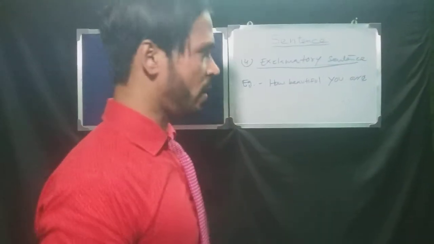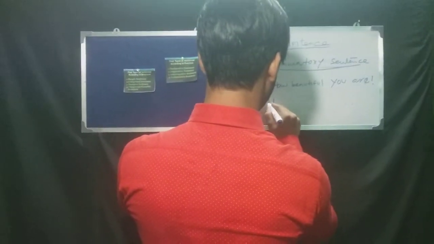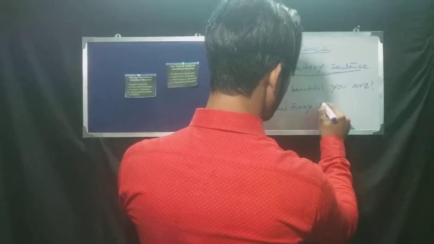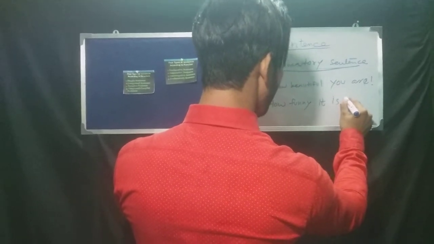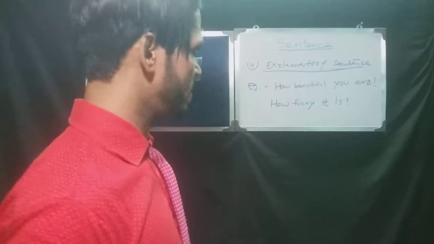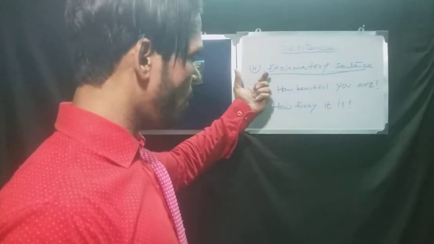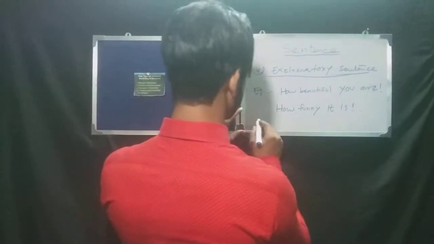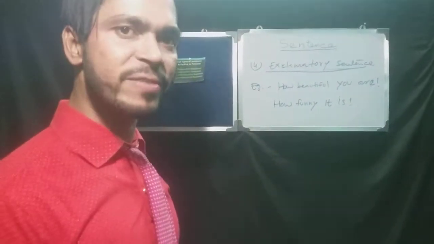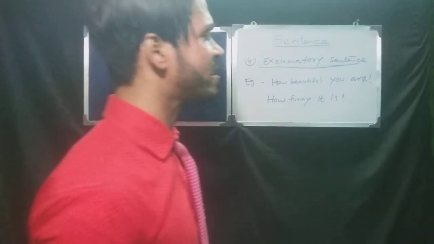"How beautiful you are." "How funny it is." So these are the examples of exclamatory sentences. These sentences express surprise. And what is the final punctuation of an exclamatory sentence? This type of sentence ends with a sign of exclamation.